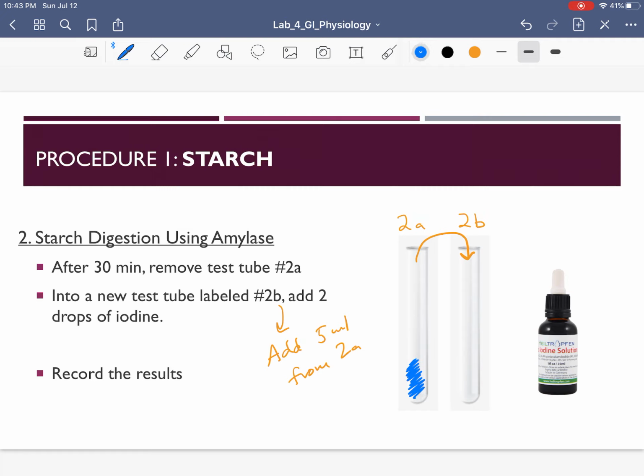So we take the solution from 2A, and we add 5 mils of it to 2B. But then to 2B, we're also going to add the iodine. So now I'm going to add 2 drops of iodine to the 2B. And I'm going to record the color. What is the color of test tube B going to be? This light blue.